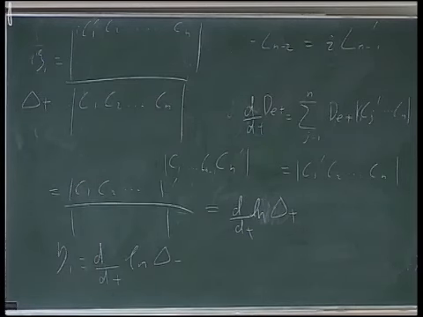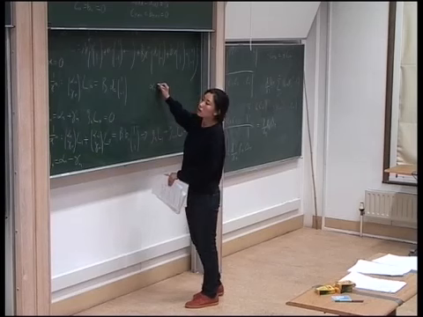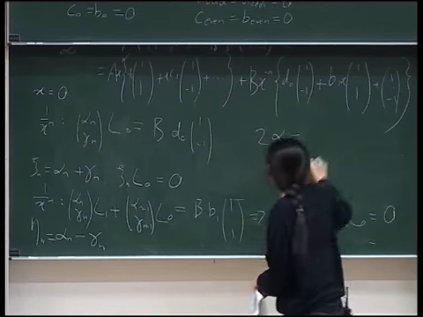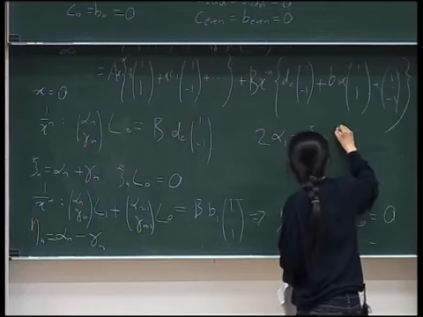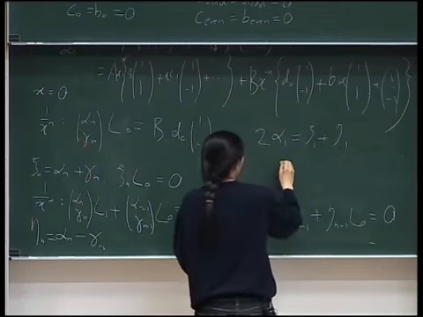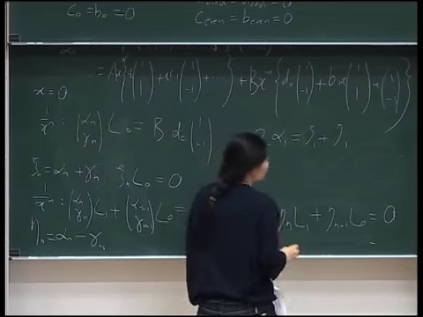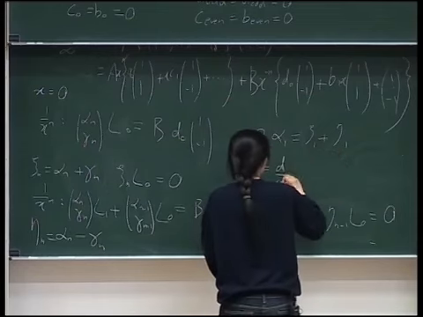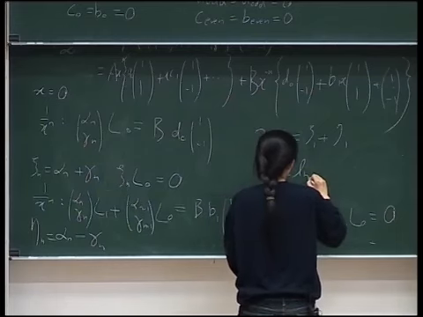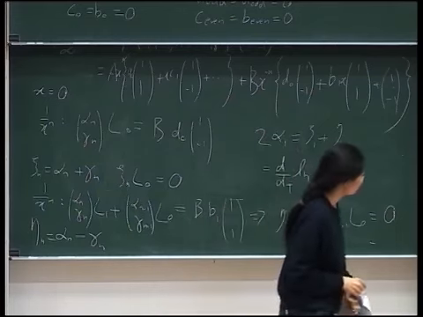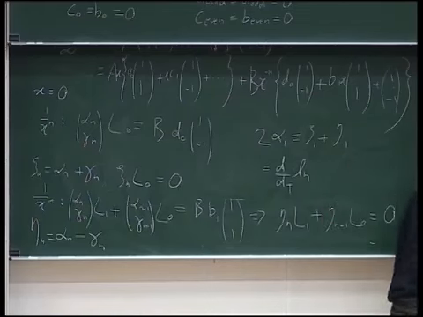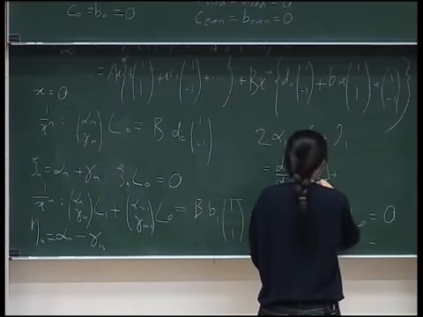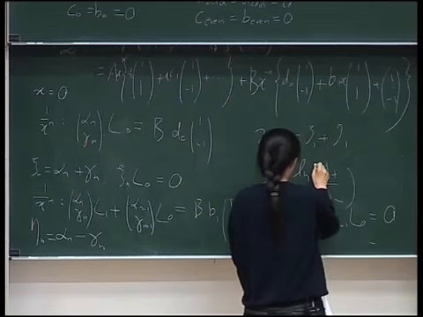Now alpha 1 is equal to, 2 alpha 1 is equal to eta 1 plus z 1 plus eta 1, which is equal to the derivative of log. I think there's a minus somewhere. So it's equal plus all that.